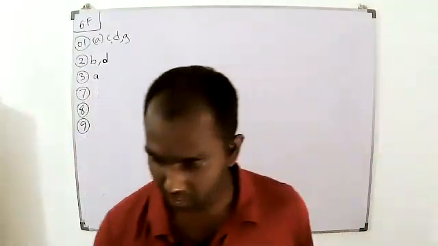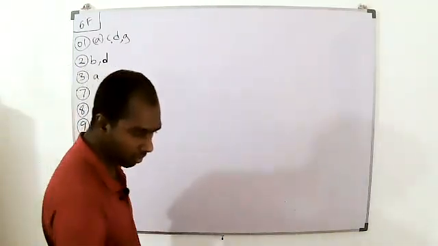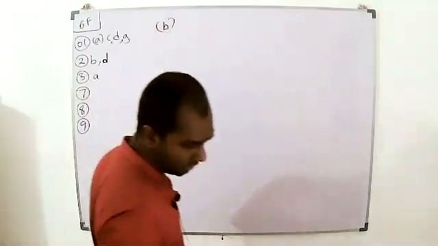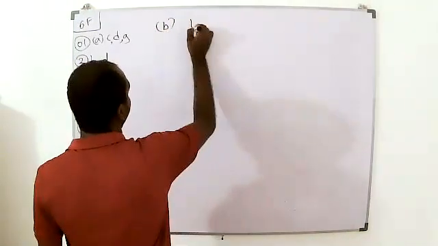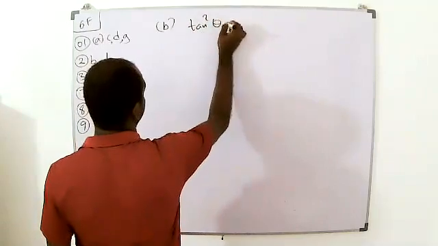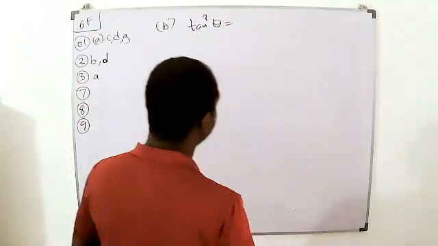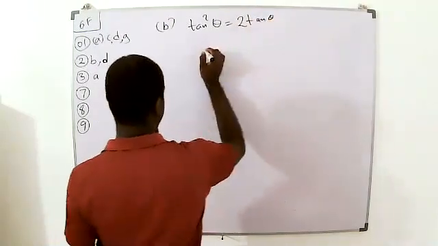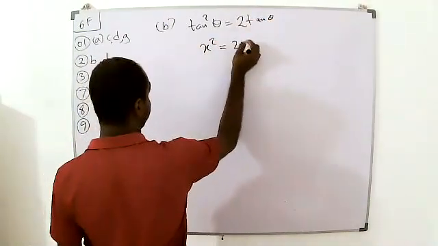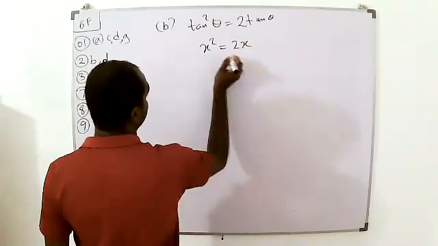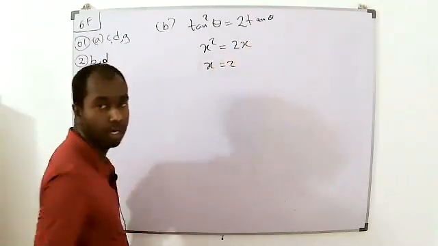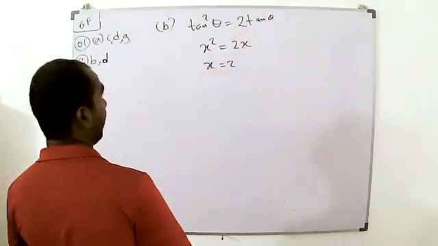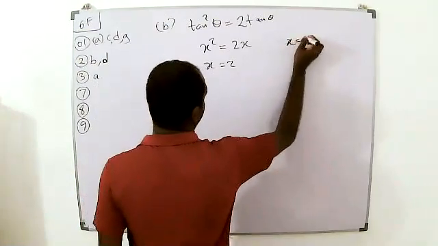So for question number 2B, what do we have? Tan squared theta equals 2 tan theta. So now it is like x squared equals 2x, no? If we just divide by x, you will have x equals 2. Don't do it. Why? Sometimes x can be equal to 0 also, no?